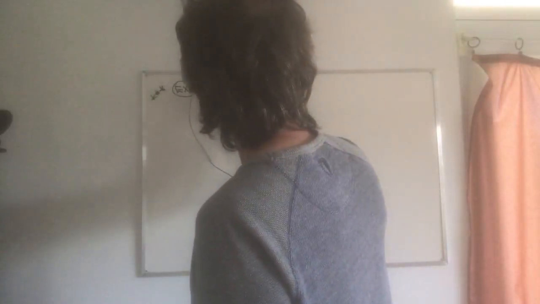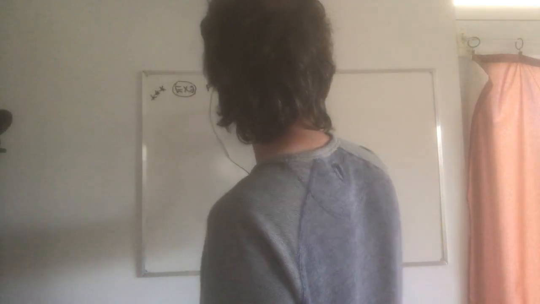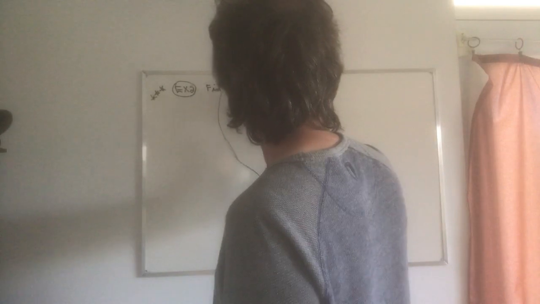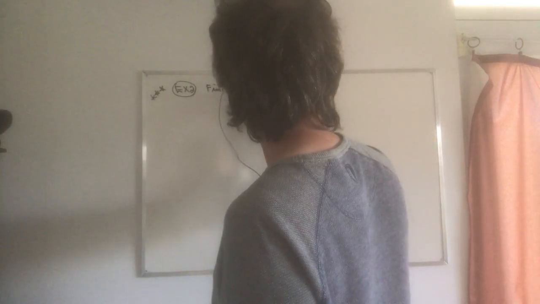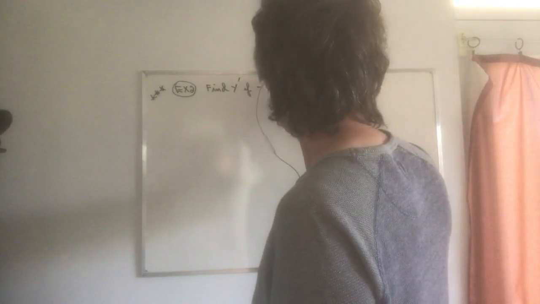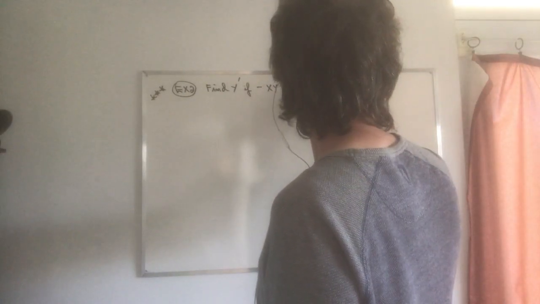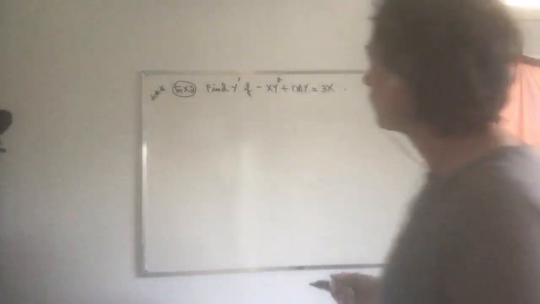So what shall we get? We shall say, find, again, pretty much the same formulation. Find y prime if minus x y squared plus cos y is equal to 3x.